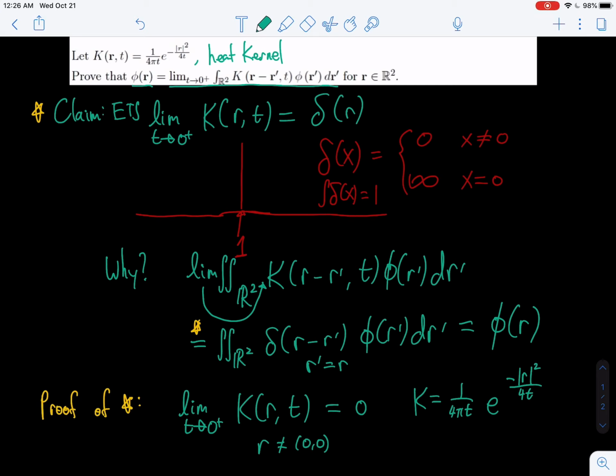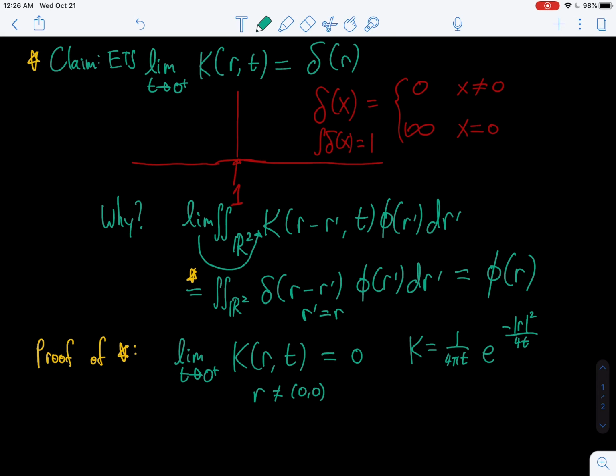And because r is not the origin, we know that this is going to be non-zero. So evaluating this limit is basically the same thing as evaluating the limit of 1 over t, e to the negative 1 over t, okay? Obviously, there are constants, but we're talking about limits, and if this is 0, then the limit of K is going to be 0. Yeah, I hope you can see that.